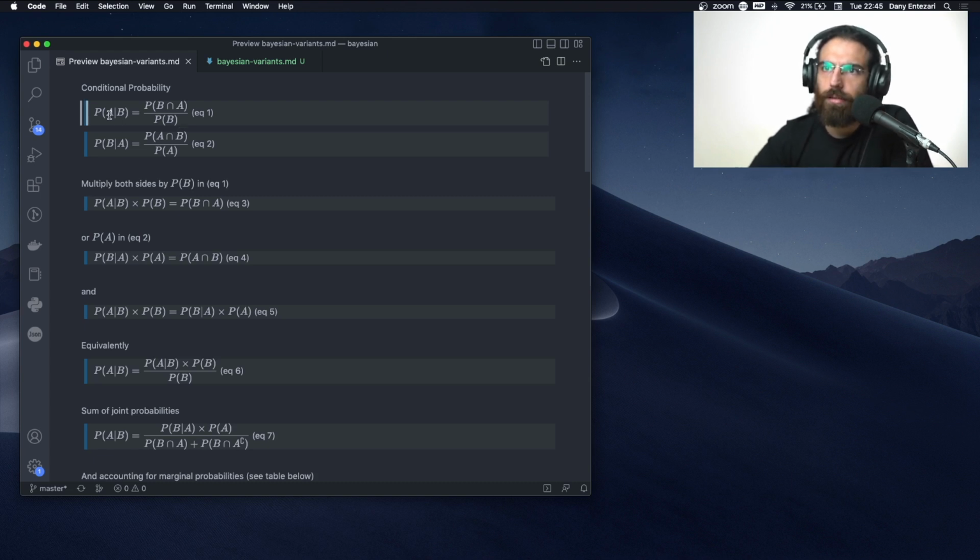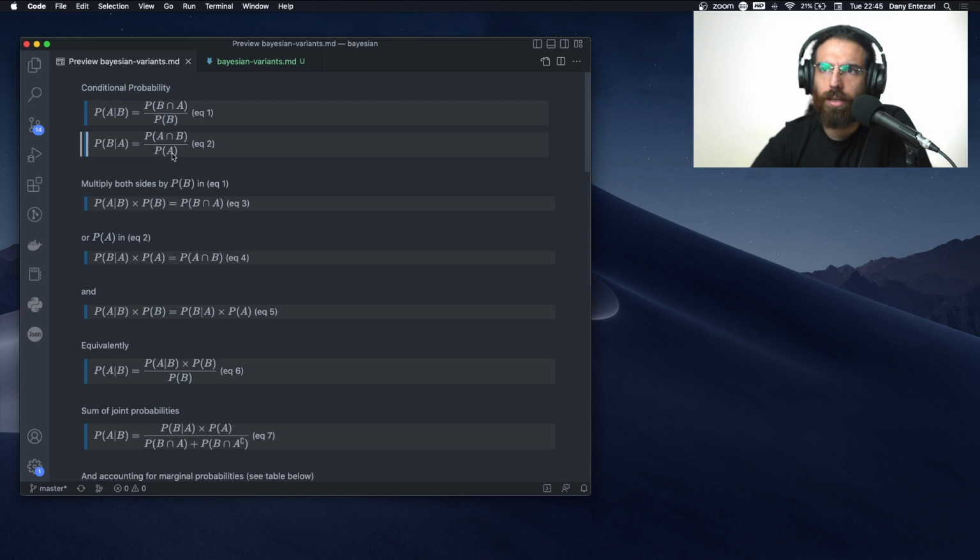So here we are told that the probability of A given B is equal to this expression, the probability of B and A over the probability of B. Had we swapped A and B with B and A, we would have gotten a similar expression on the right.